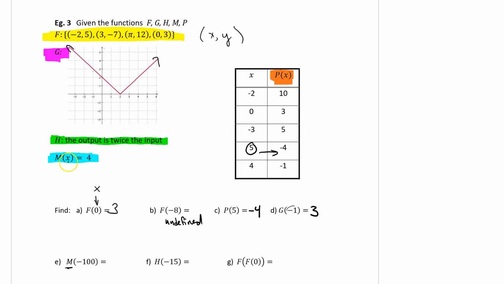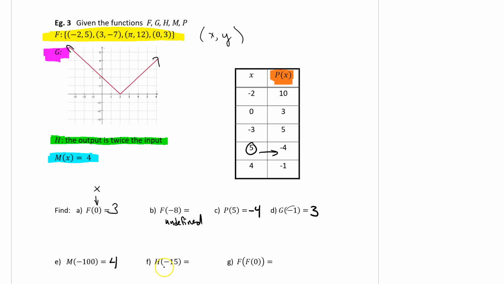So m at anything is simply 4. So m at 100 or -100, no problem. It's just going to be 4. It's a constant. If we were to graph it, it would be simply a horizontal line, because the y values are always going to be 4 no matter what your x values are.